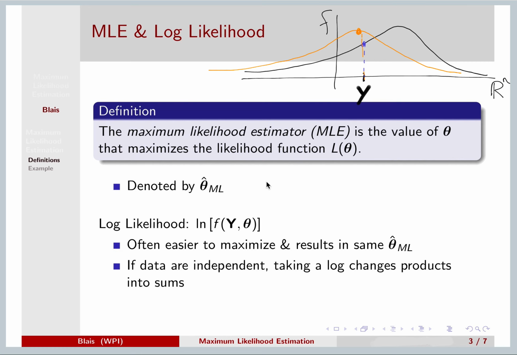And if you think about the natural log function, the natural log function is a strictly increasing function, which means if you compose it with the density, you will obtain the same maximum likelihood estimate of the parameters, of the independent variable, whether you maximize the likelihood function itself or the log of the likelihood function.